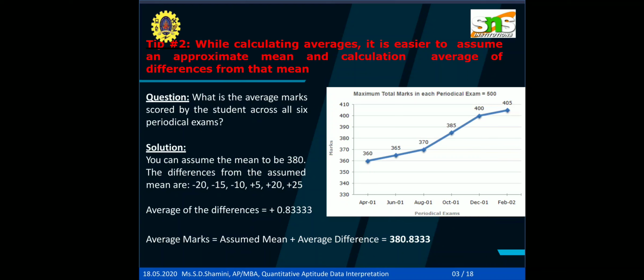So the average of all the differences is 0.8333. The average mark is equal to the assumed mean plus the average of differences, so your answer would be 380.833. If you do it like this, it is not time consuming and you can easily come out with the answer, and move on to the next question as well.